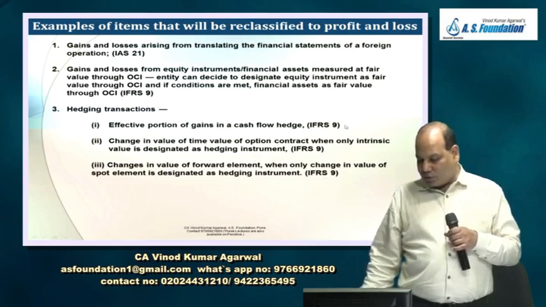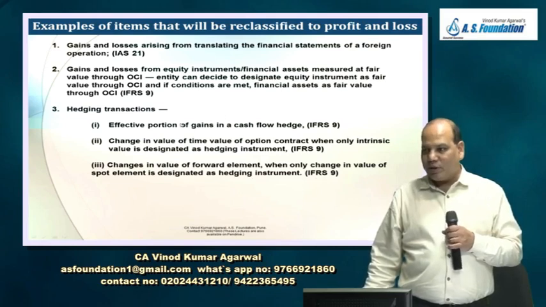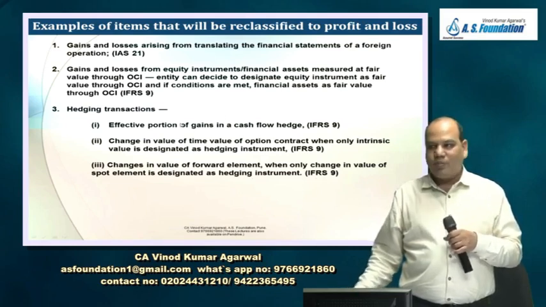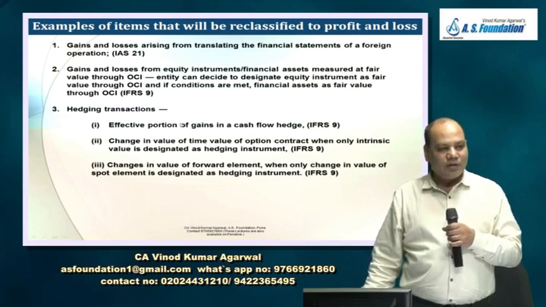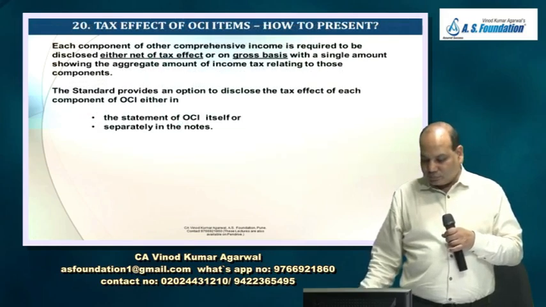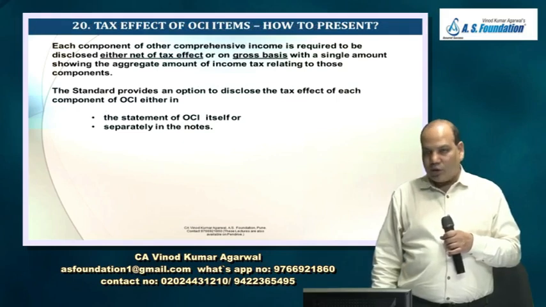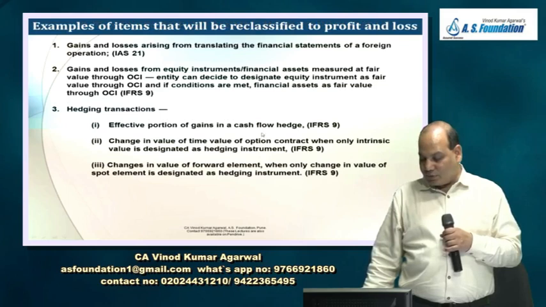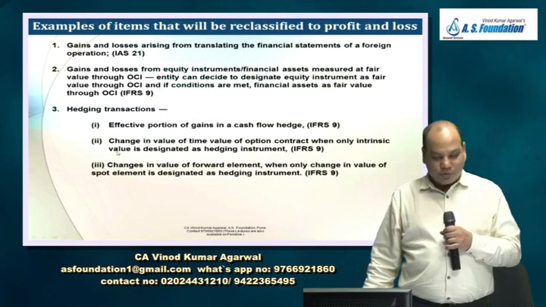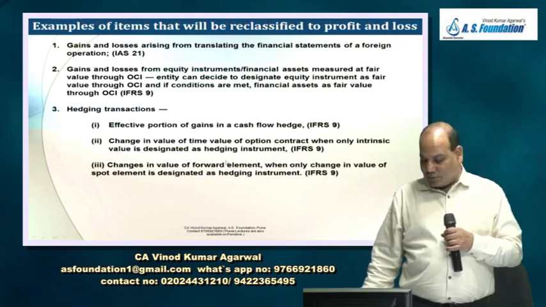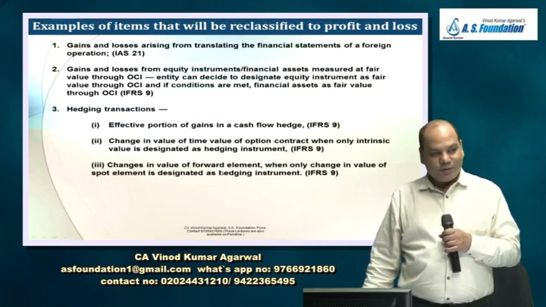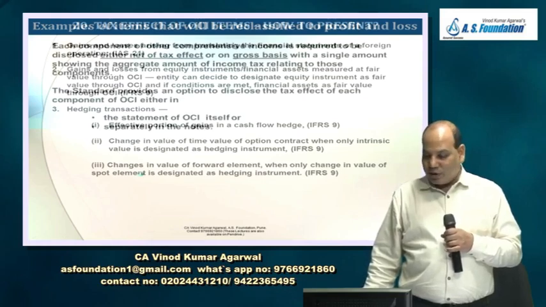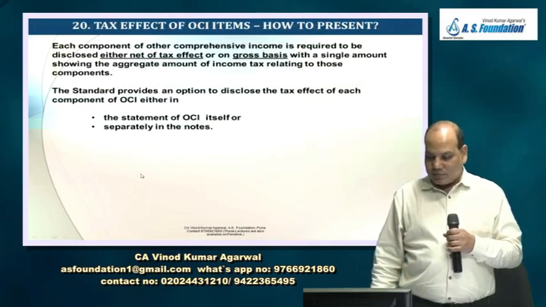So many of these items that you see here will be covered in probably the most complicated standard, IFRS 9. Some knowledge of finance is required to understand IFRS 9, for example, time value of an option, intrinsic value of an option, hedging instrument, forward contract, spot contract. Then you will be able to understand IFRS 9.